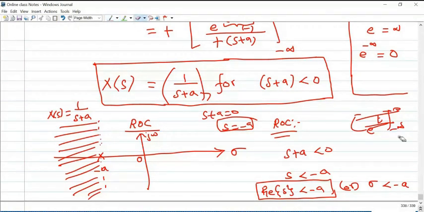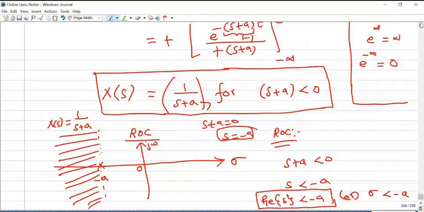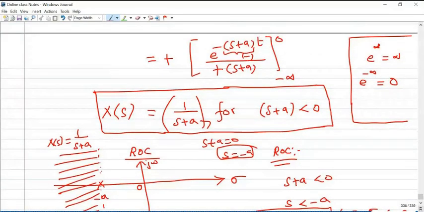So do you understand the concept of finding the region of convergence? Any doubt? As it is, if you proceed, you will get an infinite result. When you are assuming this s plus a is less than 0 for this particular problem, then only you will get 1 divided by s plus a as the result.